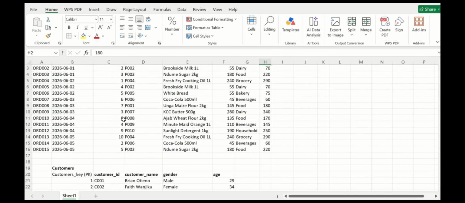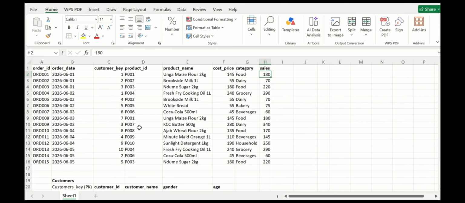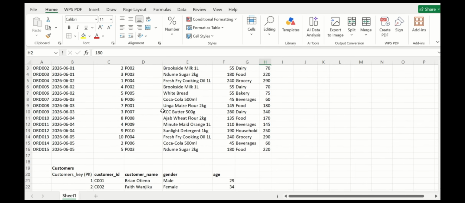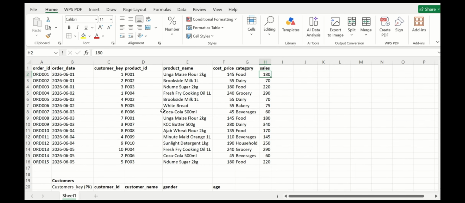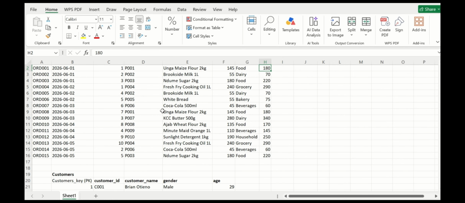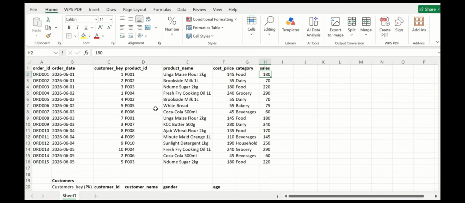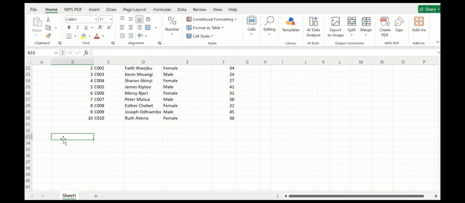Now also get rid of this product ID. We also need to create a product table. So let's write products here.